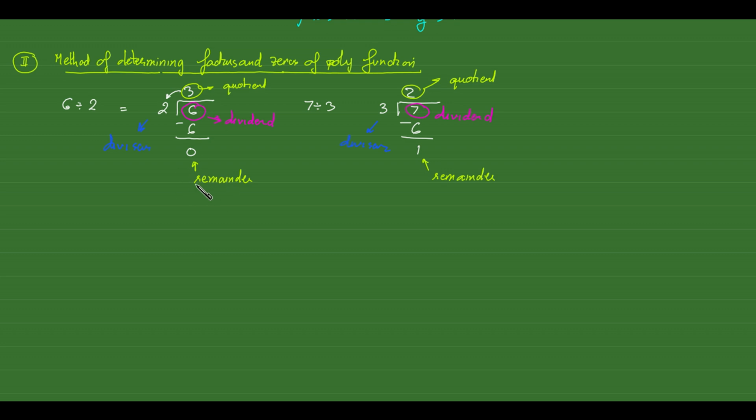Over here, the remainder is 0, so the quotient is 2, so 2 is a factor of 6. However, over here the remainder is not 0, so of course 3 is not a factor of 7. So that is the way to use division to find a factor of a polynomial function. The division here is based on a rule we call the division algorithm.